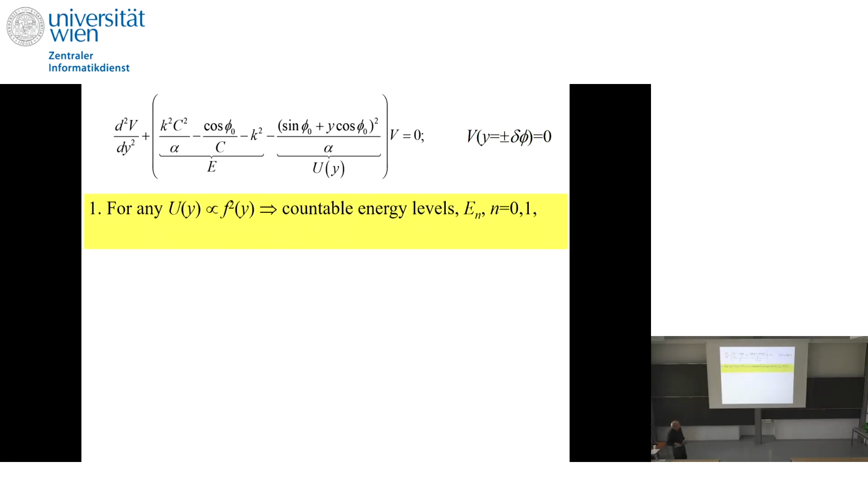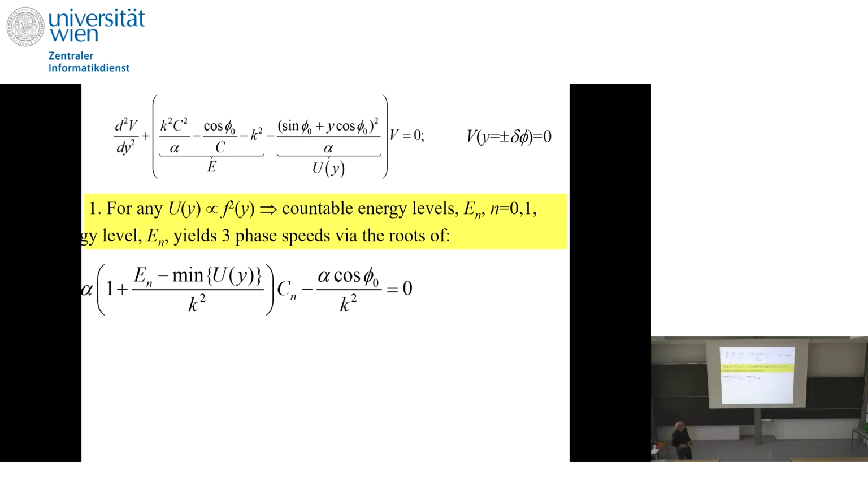Okay, so just by analyzing the equation, we know that for each potential, no matter what you put in here, we have an infinite number of energy levels or constants that appear here. We'll call them energy.